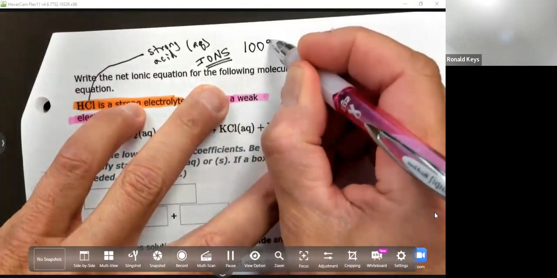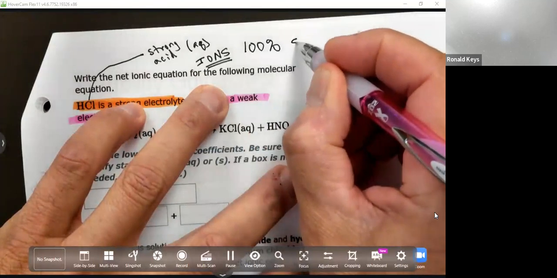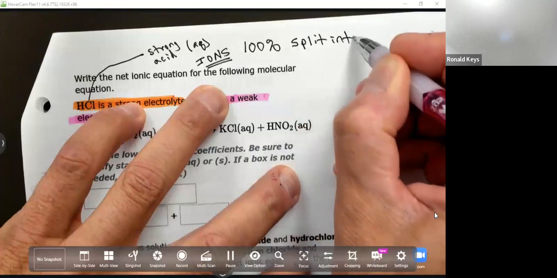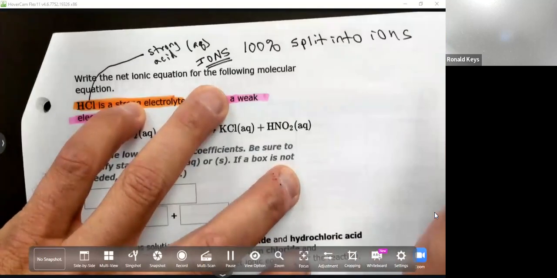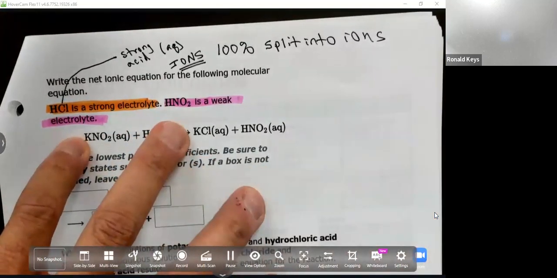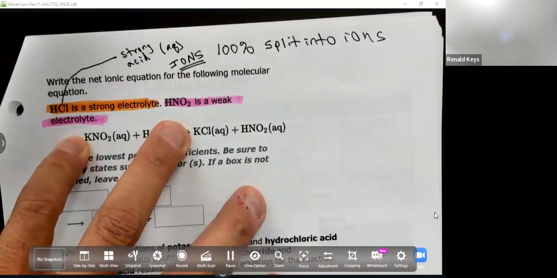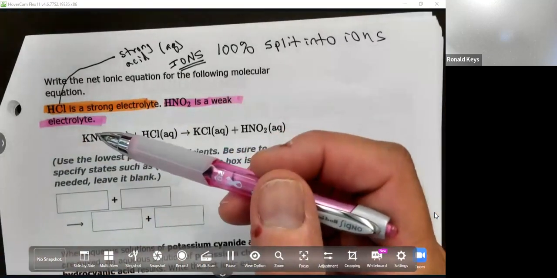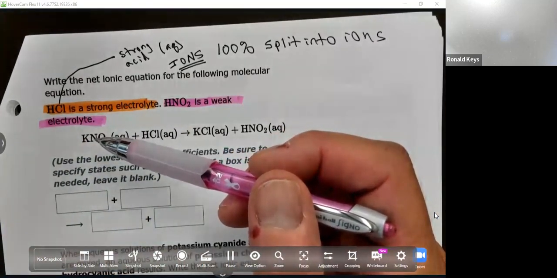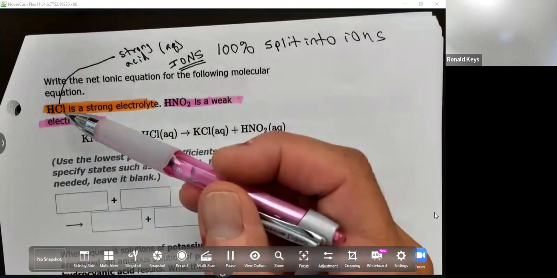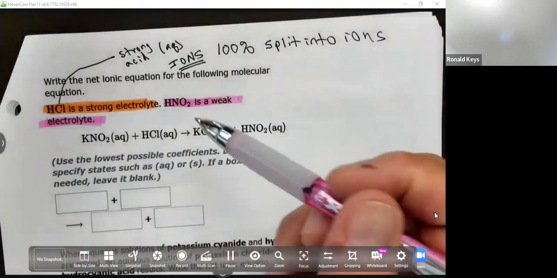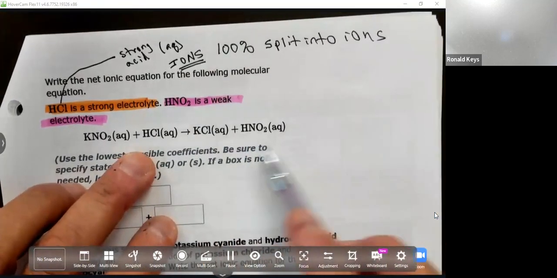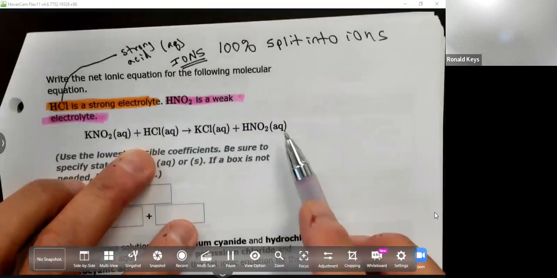I'm going to put 100% split into ions. Now, HCl is a strong electrolyte. HNO2 is a weak electrolyte. Notice though, in my formula here, it is still aqueous.